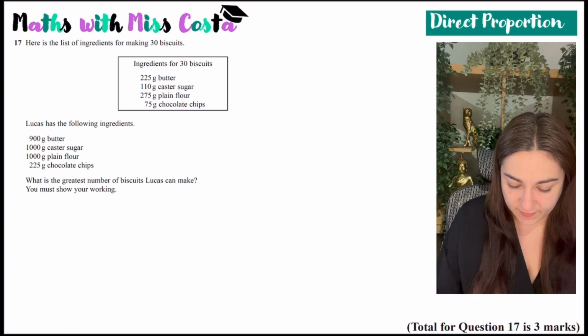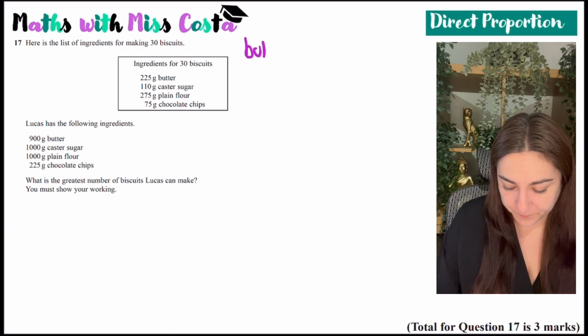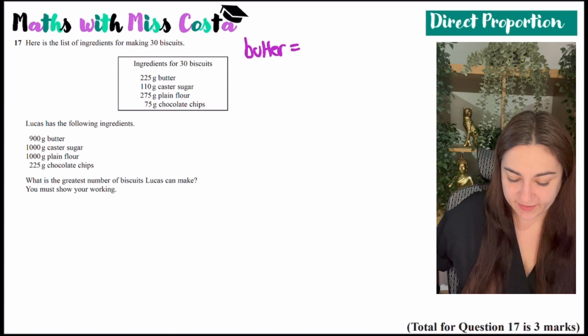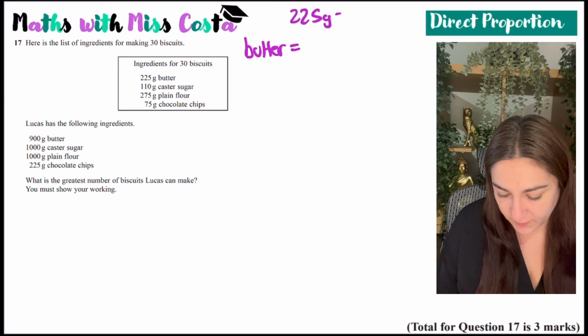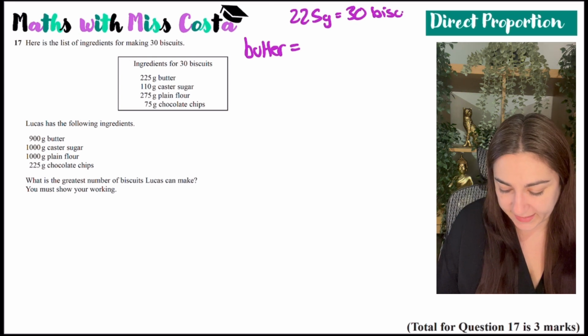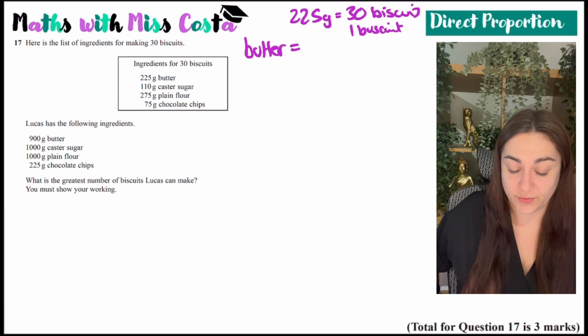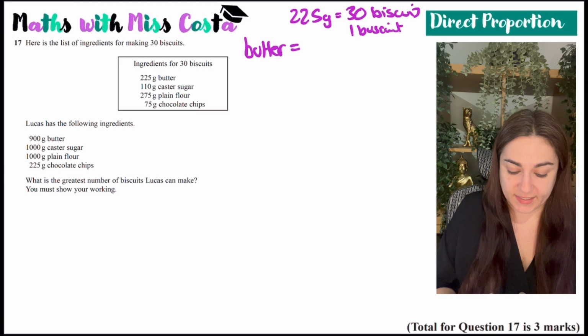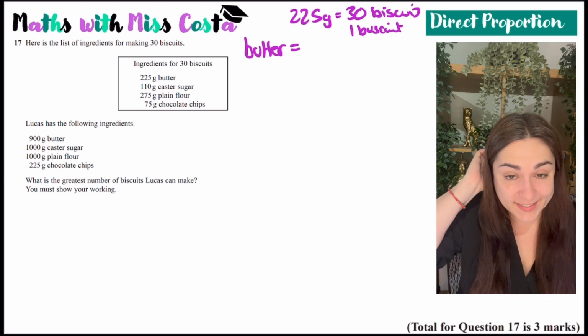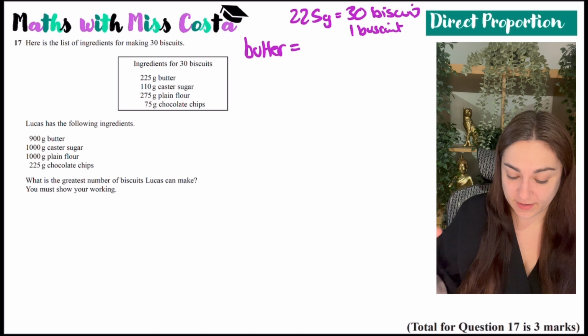So for butter, to work out how much 1 biscuit is, I know that 225 grams makes 30 biscuits. So to work out what 1 biscuit would be, I'd have to do 225 divided by 30. So each time you're working out how much 1 unit cost is, you just divide by how many of the thing you have.